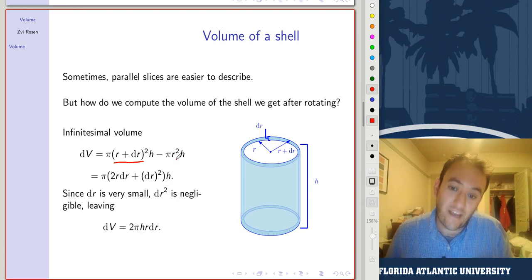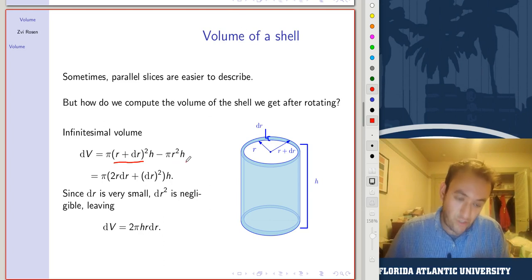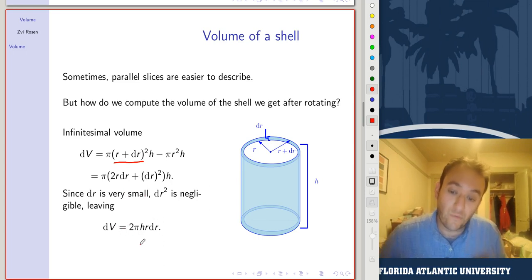And then from that we subtract pi r squared h with just r, not with the dr. You can see why that's happening from this picture. Manipulating these symbols a bit, we find pi times 2r dr plus dr squared, times h. Since dr is very small, dr squared is relatively negligible. So what we're left with is dV, this infinitesimal volume, equal to 2 pi h r dr.